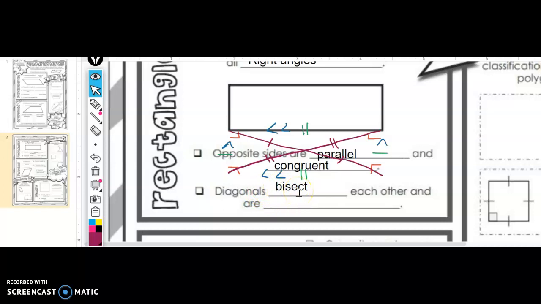Diagonals bisect each other and are congruent. So we're going to fill in our box for congruent. And again, we can move that text box to fit on the line. Okay, so that is our rectangle.